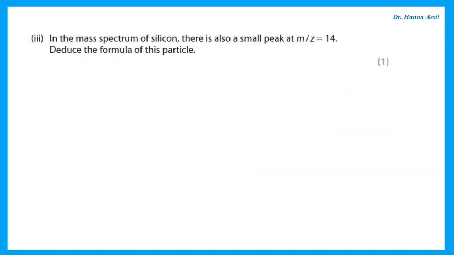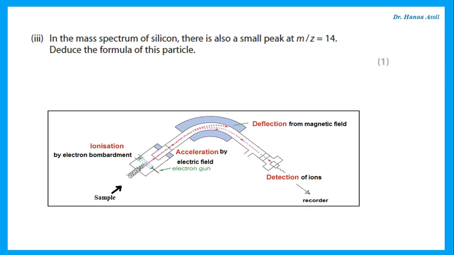In the mass spectrum of silicon, there is also a small peak at m/z 14. Give the formula of this particle. Remember that we said, what is mass spectrum? Mass spectrum is where we put a sample, heated, vaporized, then bombarded by high energy electrons using an electron gun.